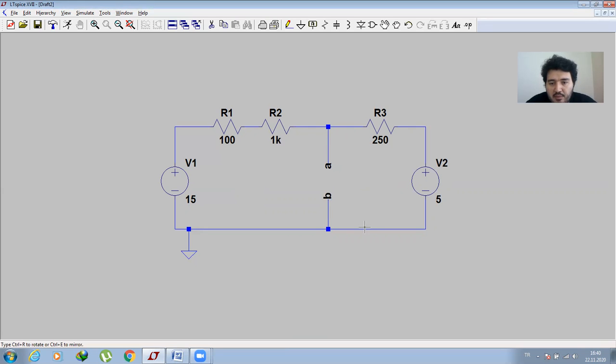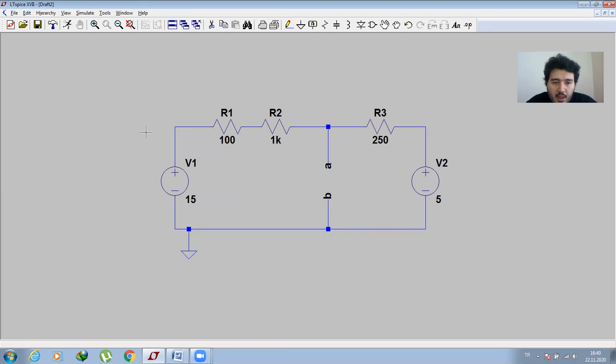You can see the B node is actually the ground. So the voltage between A and B is equal to the voltage of A.